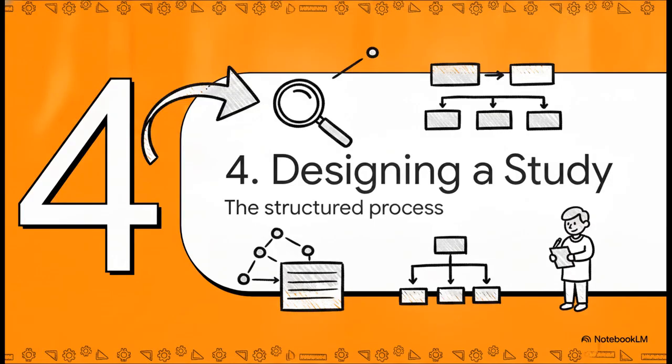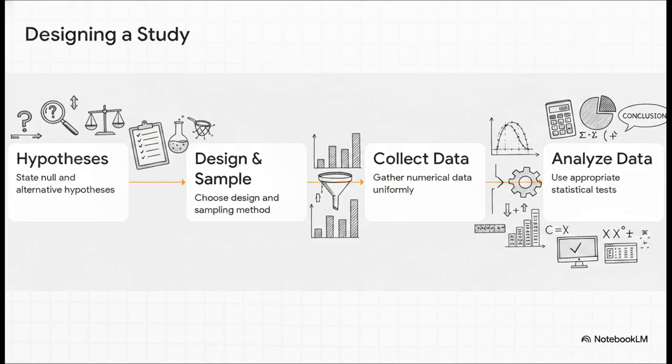All right, Section 4, Designing a Quantitative Study. Let's really dive into how you actually walk through this highly structured process as a researcher, from start to finish. So unlike qualitative work, which can evolve as you go, this predetermined structure requires you to plan practically everything up front. You must turn your topic into a highly specific question and write out your testable hypotheses.